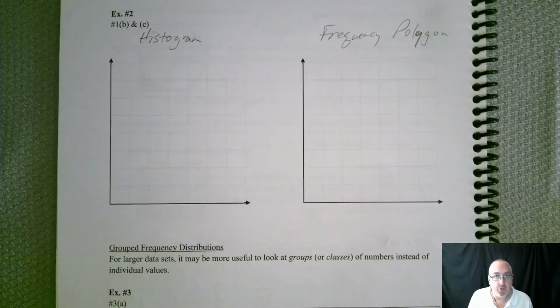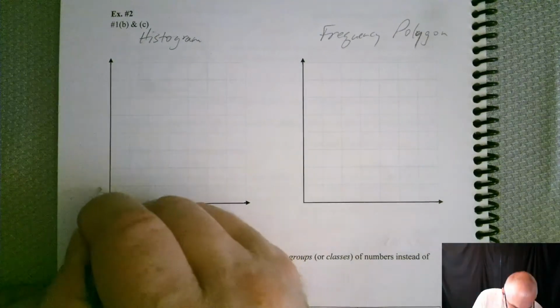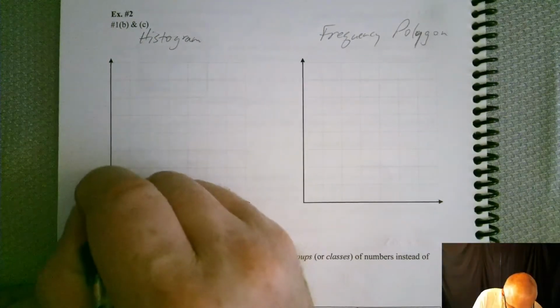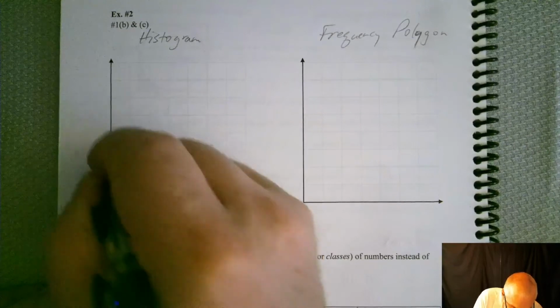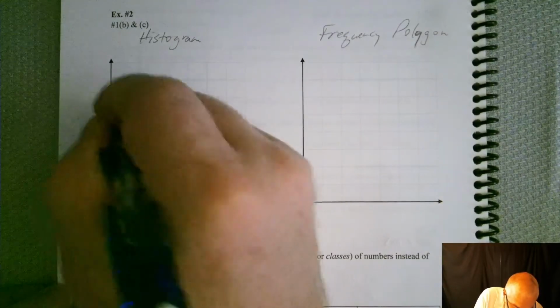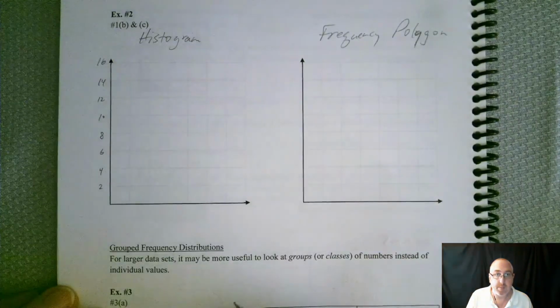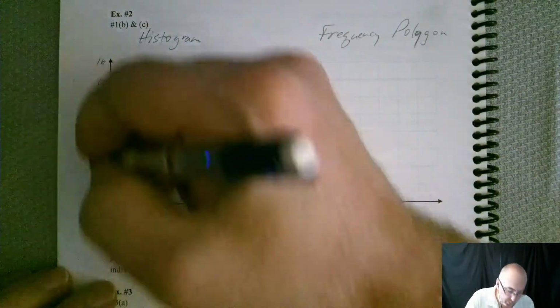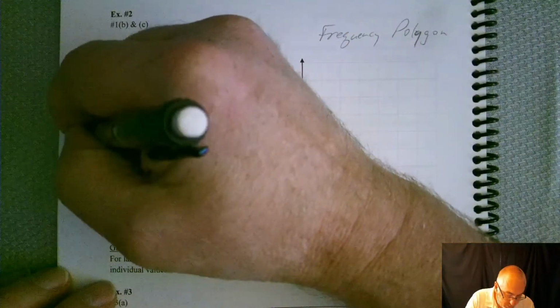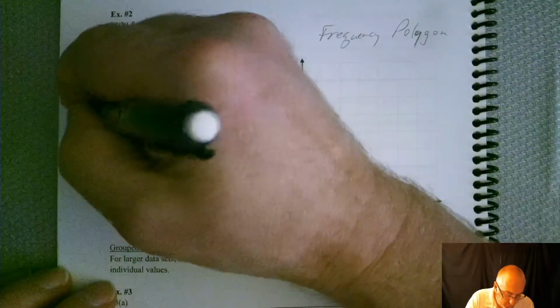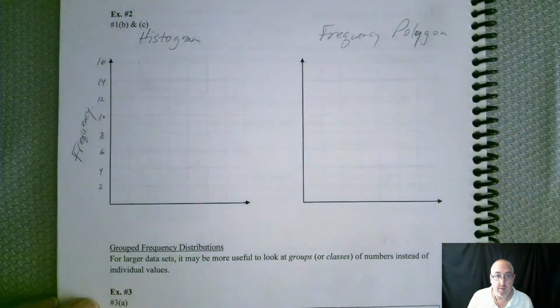So going by 2s should be fine. Let's scale it by 2s. And there we go, so we're up to 16. Obviously, we do want to label our graph as well, so frequency is on the left side.